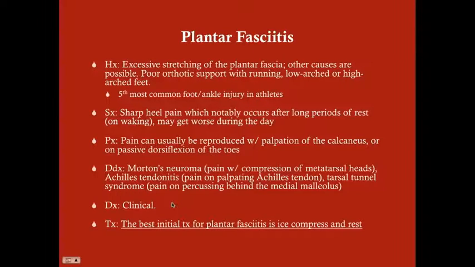And what you're doing there is the exact same thing that you're doing with the carpal tunnel when you're percussing on the anterior wrist. So this is Tinel's test, and you're just percussing and trying to reproduce that pain. So hopefully you can differentiate these three pains out from plantar fasciitis.